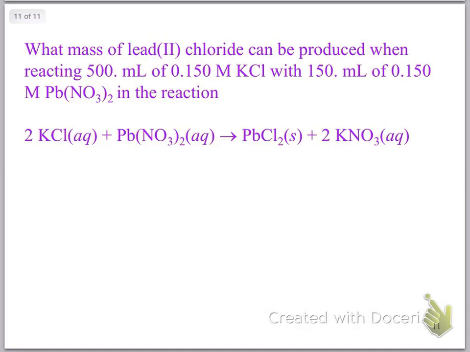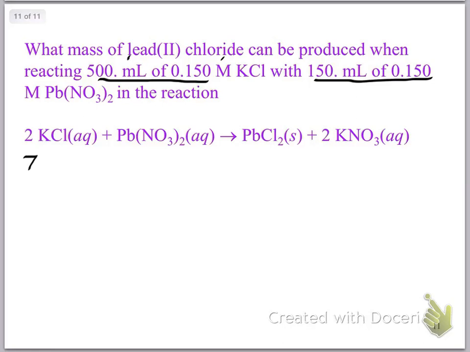One more problem. We've got, what is the mass of lead(II) chloride that can be produced when reacting 500 milliliters of 0.150 molar potassium chloride with 150 milliliters of 0.150 molar lead(II) nitrate? Now, we can use the millimole thing, and just take volume in milliliters times concentration in molarity, and you come up with the quantity in millimole.